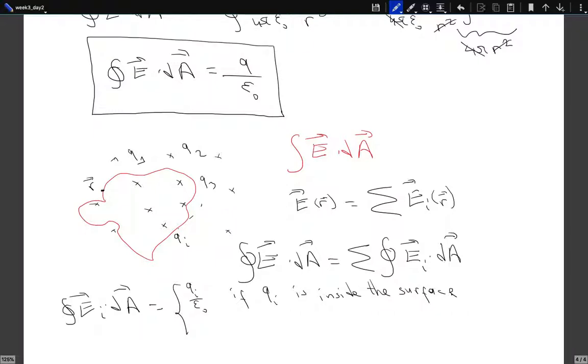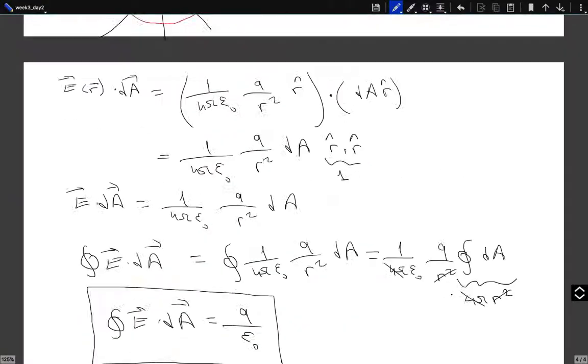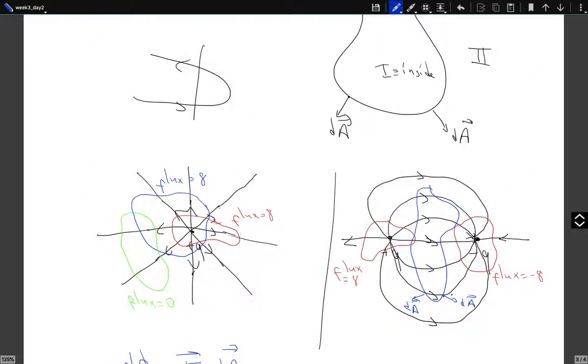But if the charge is outside the surface, as in the example of the blue surface over here or the green surface over here, the integral is just 0.